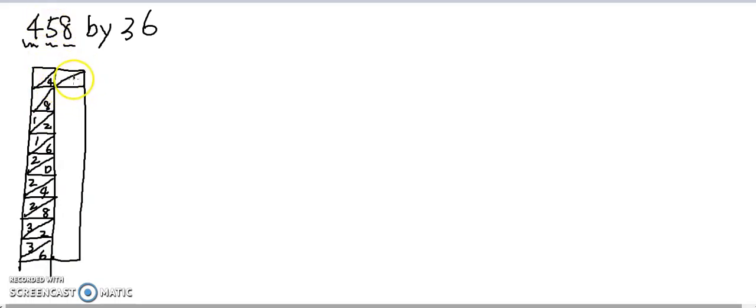So let's put a 5 here, and times 2, 10, times 3, 15, times 4, 20, times 5, 25, times 6, 30, times 7, 35, times 8, 40, and times 9, 45. And now we create the rod for 8.